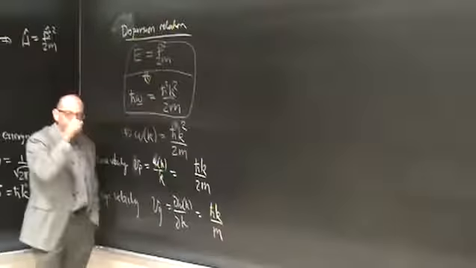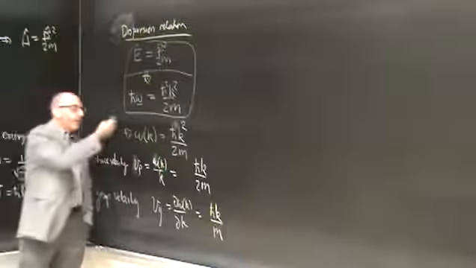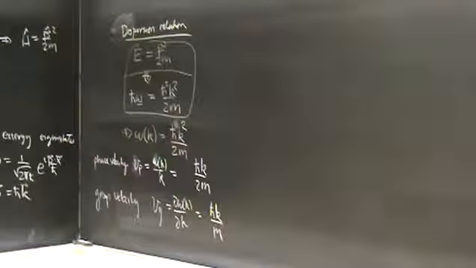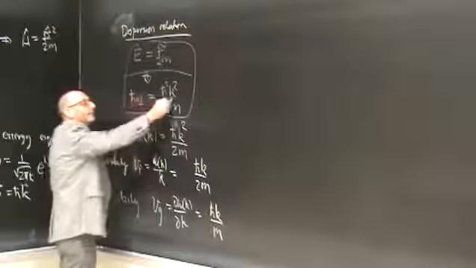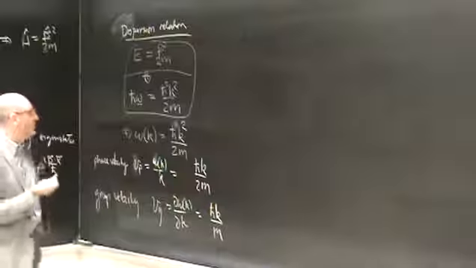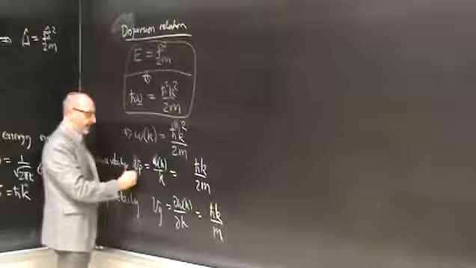which tells us that a free non-relativistic particle of mass m has a quadratic dispersion relation, which means that the waves disperse. Different wavelengths move at different phase velocities.